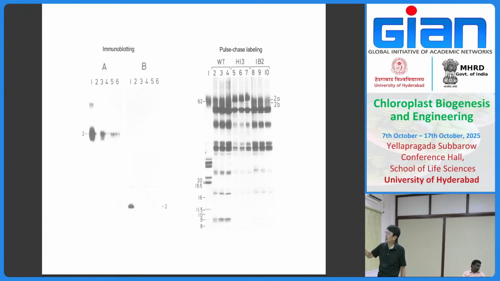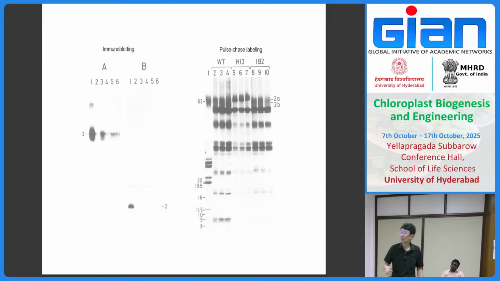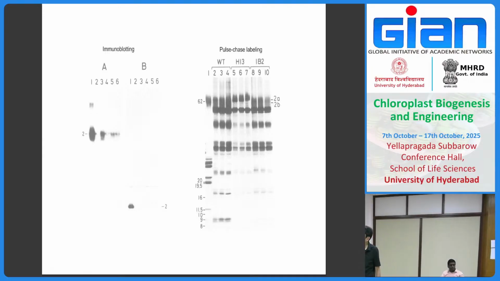So this was reaction center protein, and the wild type pulse labeled protein was stable during the chase experiment. This is only chloroplast encoded protein.